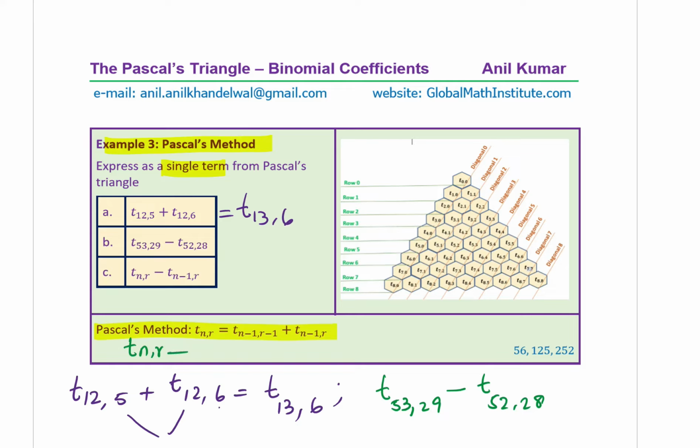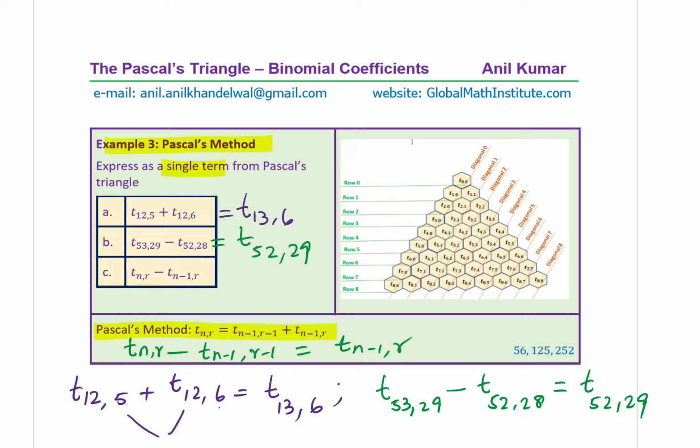Take away one of these elements, 52,28 they are taking. So that means I'll take away Tn minus 1, r minus 1. I'm left with Tn minus 1, r, and therefore that should be equal to T52,29, correct? So that becomes the next answer, which is T52,29. Is that clear to you?